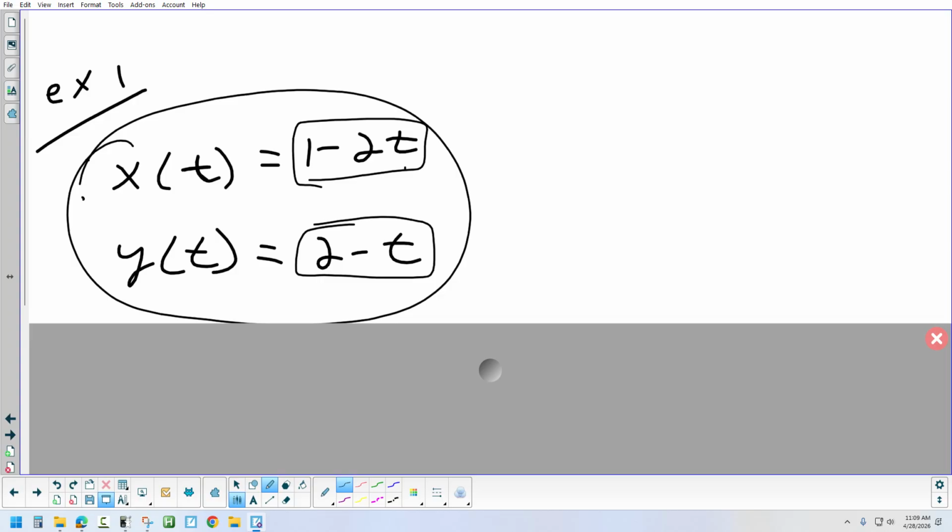What numbers would you be allowed to plug in for t and then double it and subtract that from 1 and not get some kind of error? Think about when do you get an error on a calculator when you're trying to do a certain arithmetic? What's one thing you could do that would give you a problem?